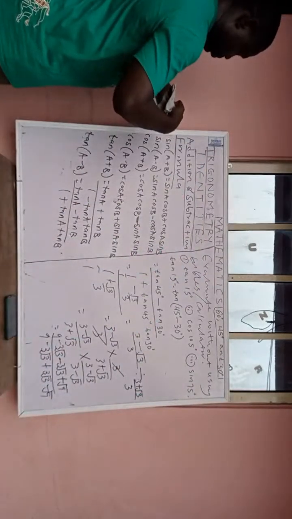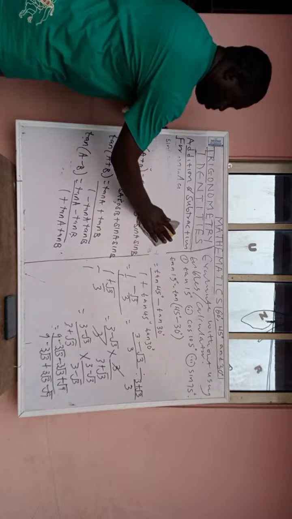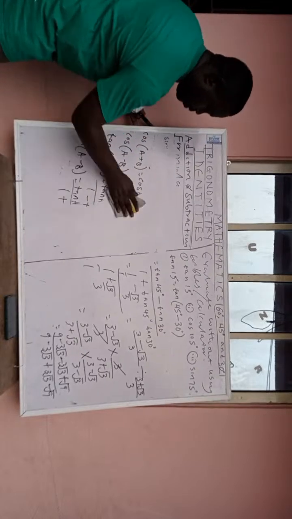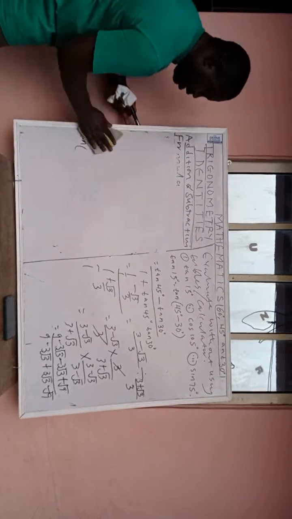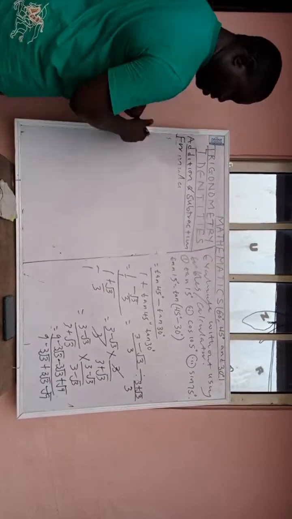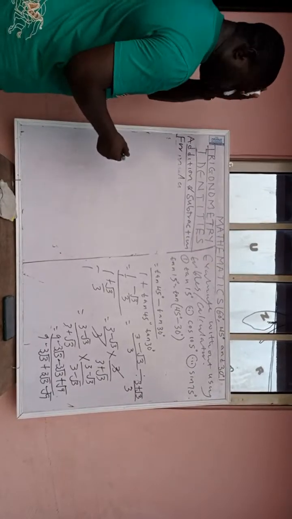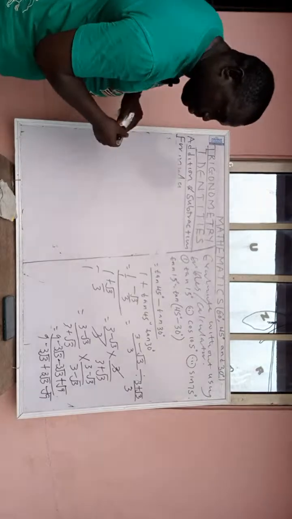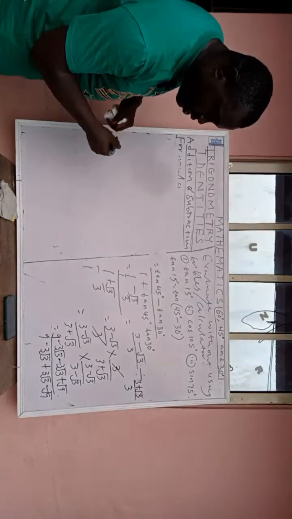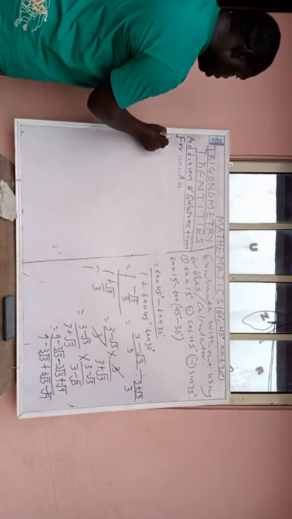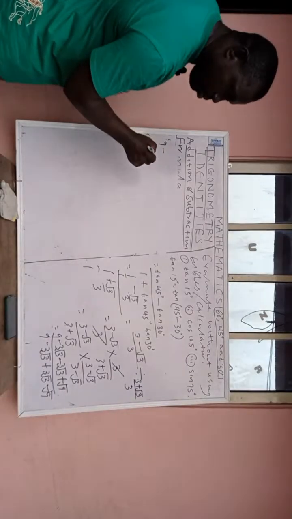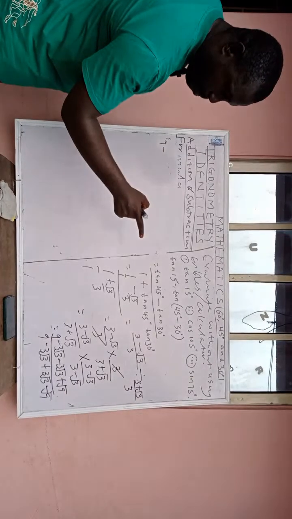So let's move here. It's interesting, and I believe my friends online, students online, you are following in a systematic way, just as I'm doing it in a systematic way. All right, so you have 9 minus root 3 minus root 3.